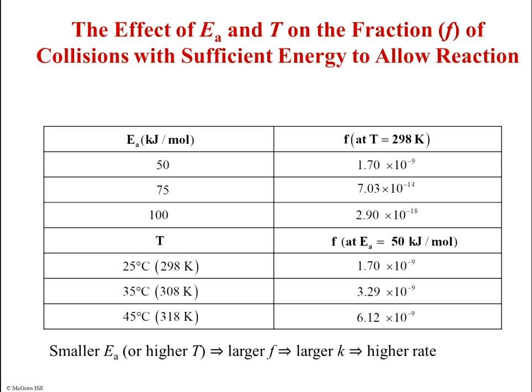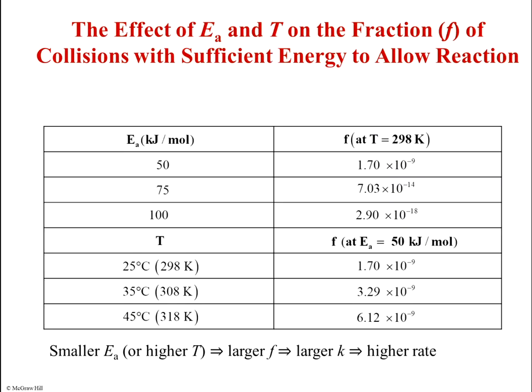At 50 kilojoules per mole, we have 10 to the minus 9 fraction of our collisions are effective, but at 100 kilojoules per mole, it's 10 to the minus 18. Now the lower three rows show us for a given activation energy, in this case 50 kilojoules per mole, the effect of temperature on the fraction of collisions that are effective. So we're going from 25 to 35 to 45 Celsius.